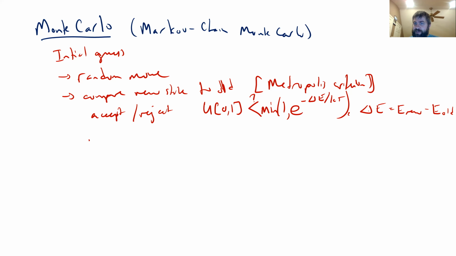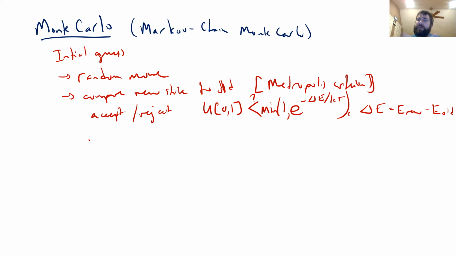And if the energy was uphill but close to the old energy, then e to the negative delta E over kT would be a number close to 1 but a little bit smaller, and we would usually accept. And if there's a big uphill move, the new energy is much larger than the old energy, this would be a number close to 0, and it would be very, very unlikely to accept the move.